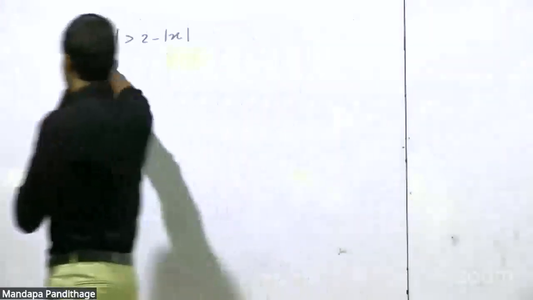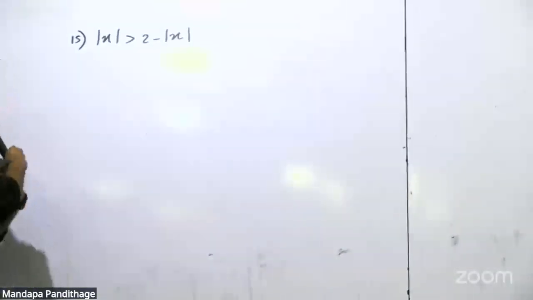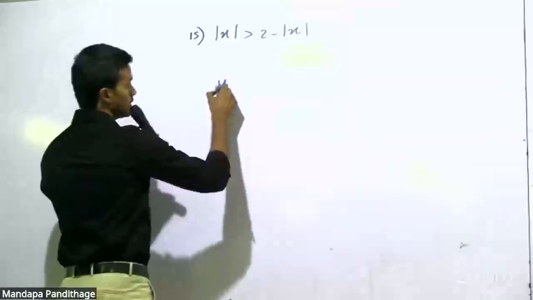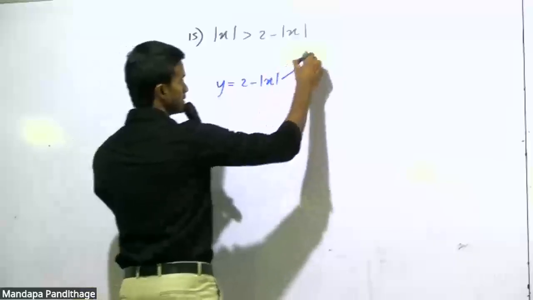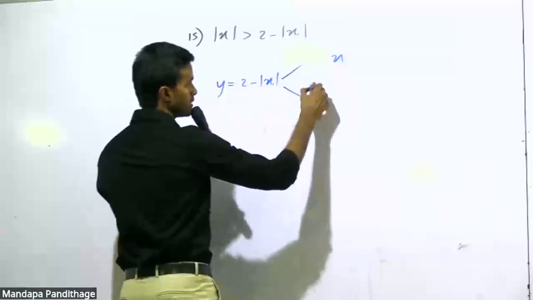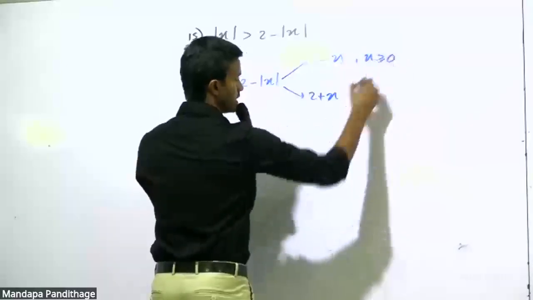Okay, so y equals modulus x is the first modulus graph that we sketched, so that you know. So 2 minus modulus x, you get 2 minus x, and this minus minus becomes plus based on whether it is positive or negative.